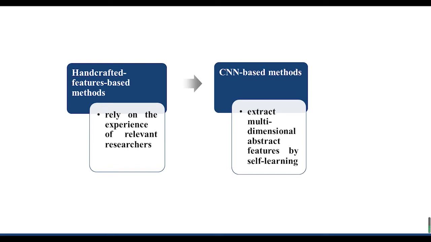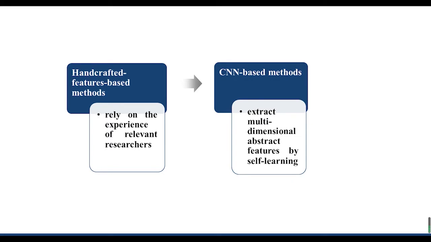For video Steganalysis methods, most of them adopt handcrafted classification features. These methods rely solely on the experience of relevant researchers. In recent years, deep learning technology has been widely used in computer vision and other fields.